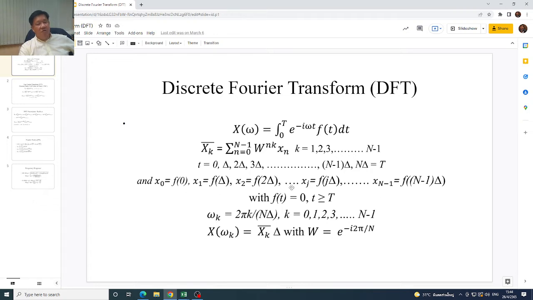That's the only thing you know about f of t. You don't know the exact f of t function, therefore it's not integrable, but you know the definition of an integral is the area under the curve. So if you change this integral to a summation, it becomes the area. This term needs to be multiplied by e to the exponent, and then dt becomes delta, the resolution here.